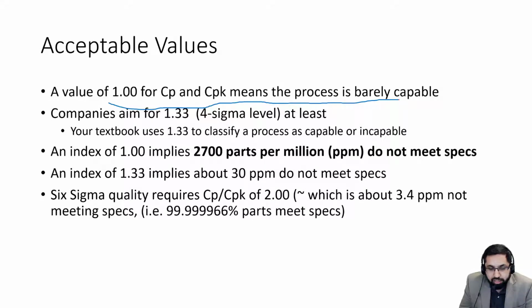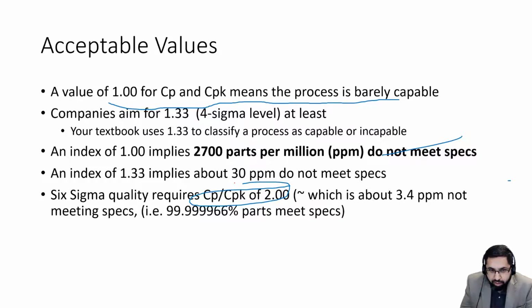Obviously, 6 sigma capability requires a level of 2. So CP and CPK have to be 2.0 or higher for us to be at the 6 sigma quality level. 4 sigma quality level is 1.33. 3 sigma quality level is 1.